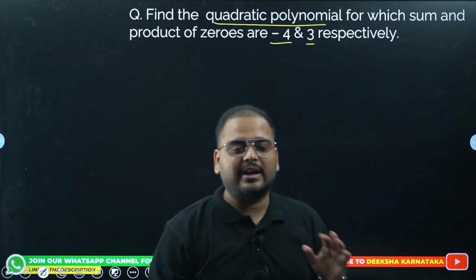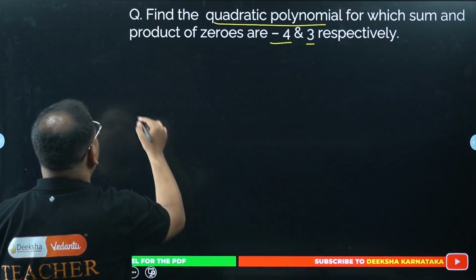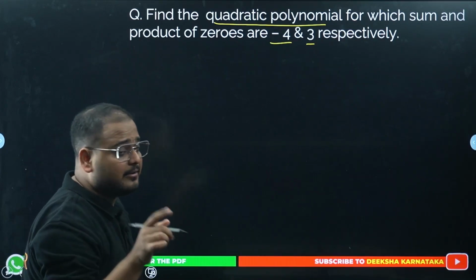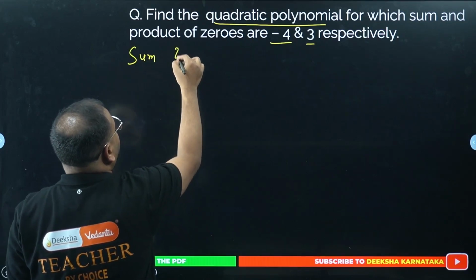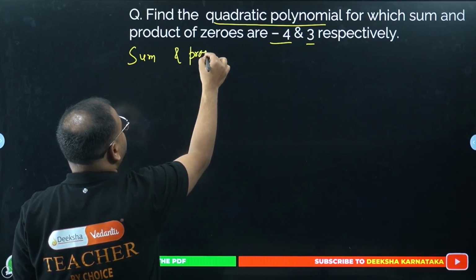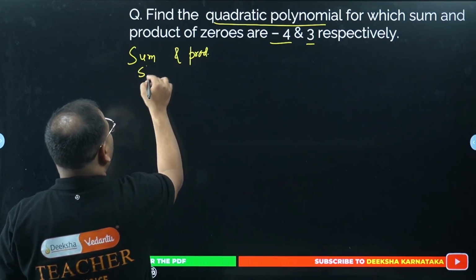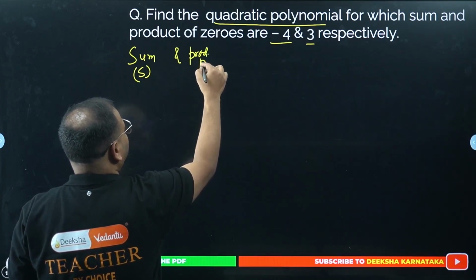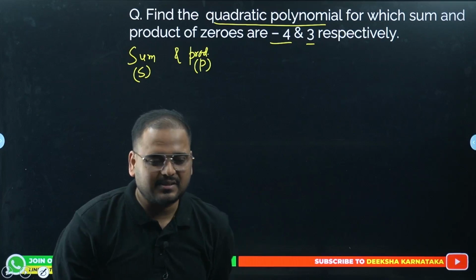So write this, what I'm writing right now, write this standard form with me. Right now you note it down, okay? So whenever the sum and product is known, is given, we call sum as the letter S and product as letter P. Not standard, just to save some time.